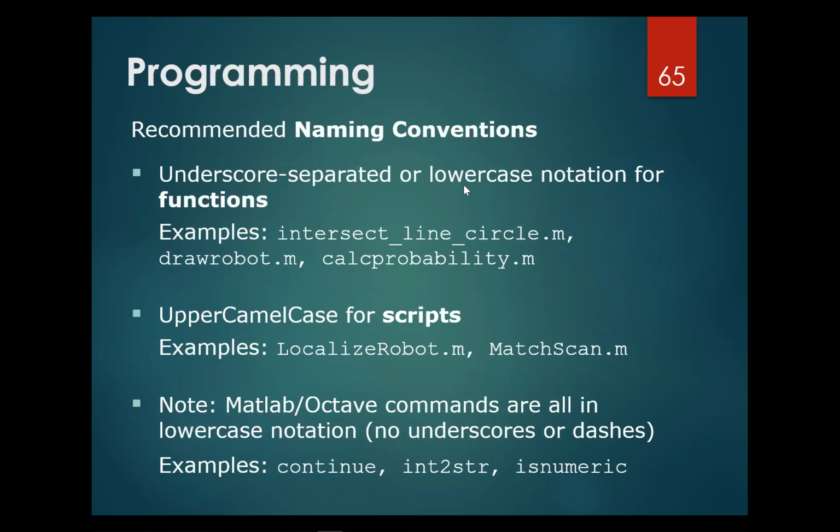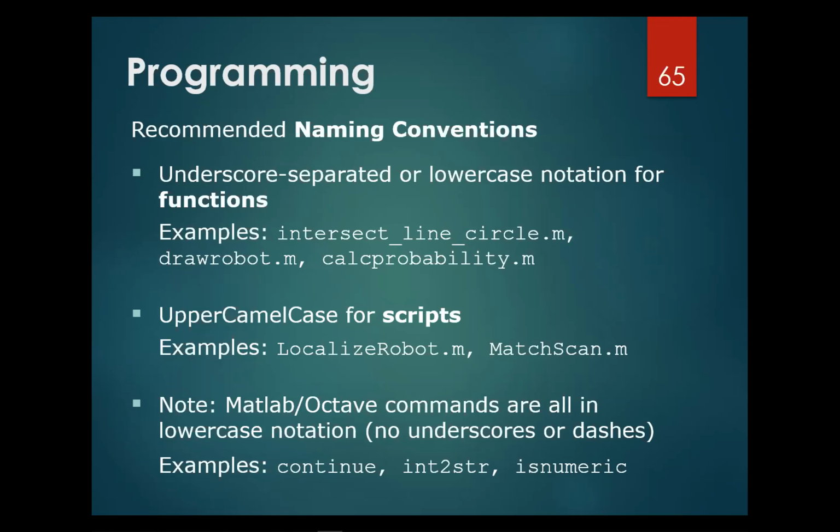Underscore separated or lowercase notations for functions. So we are talking about how to name variables. We have already said that Octave is case sensitive, and therefore an uppercase variable and a lowercase variable are not the same.